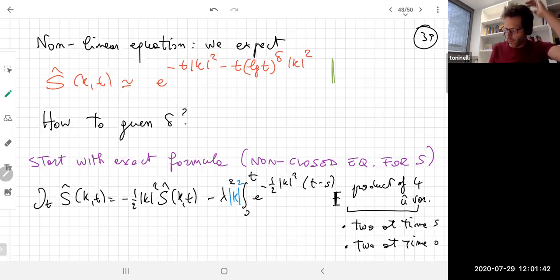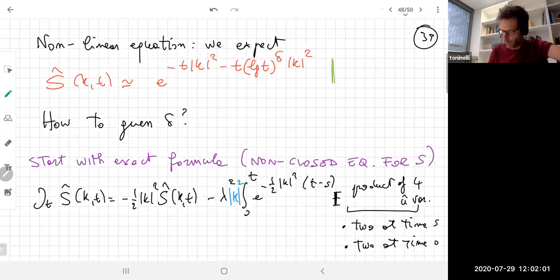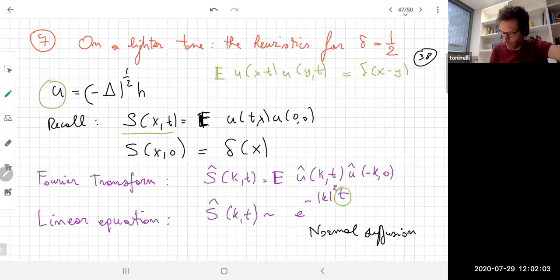Okay, so the way it works, as in many cases, you start out with an exact identity. Here, up to some point, there will be no approximation. It will just happen in two slides. So initially, you just take the definition of this S and take the time derivative. Okay, so as you can imagine, when you take the time derivative of this object, the time derivative will act only on this part here.